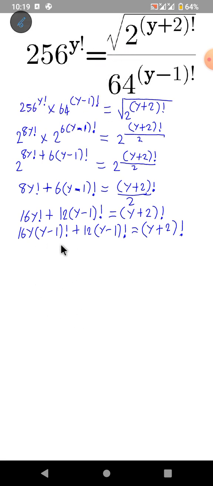So now I'm going to factorize the left hand side. Y minus 1 factorial is common. So I will say bracket y minus 1 factorial open bracket. Now this divided by this expression here, 16y bracket y minus 1 factorial divided by y minus 1 factorial, we get 16y. Then this expression here divided by this, we have plus 12.